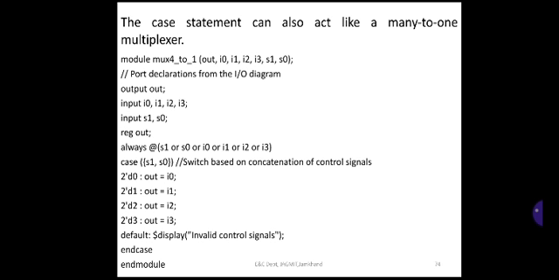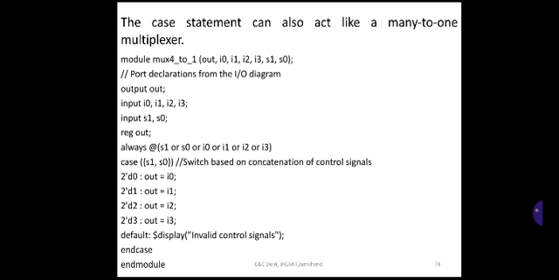If your input signal is 1 0, S1 is 1, S0 is 0, then the third alternative matches, that is 2'd2, because that means it is 2. That's why the statement out is equal to I2 is executed. If your value of S1 and S0 is 1 1, then 1 1 is nothing but decimal 3. So 2'd3, this alternative is executed, that is out equal to I3.